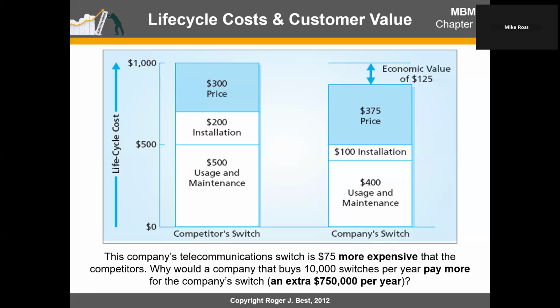And one of the ways that we would continue to evaluate our product versus our competitors was the lifetime ownership. So if I buy a printer and I own it for 5 years, I can't just look at the purchase price, but I have to look at what are the costs associated with supplies and service.